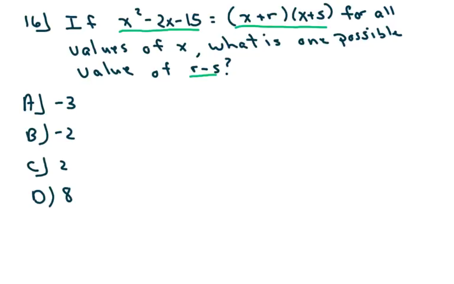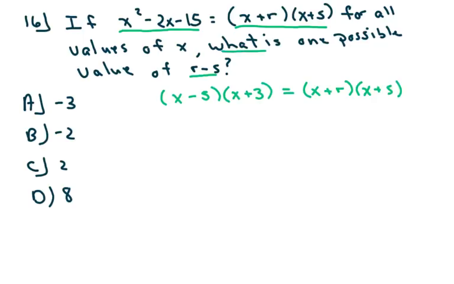So when you're given something like this, we're going to manipulate one side. Let's go ahead and factor this. We get x minus 5 and x plus 3 equals x plus r and x plus s.